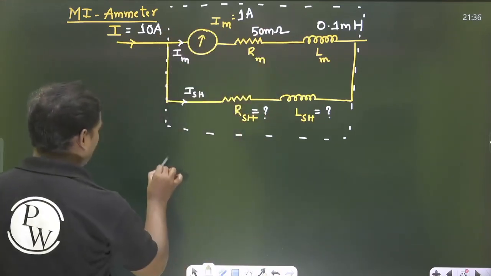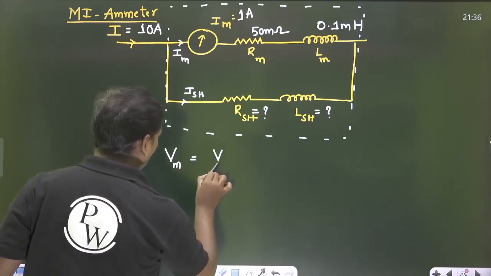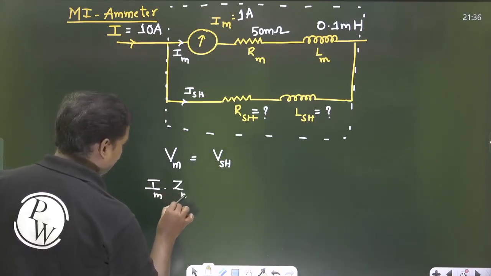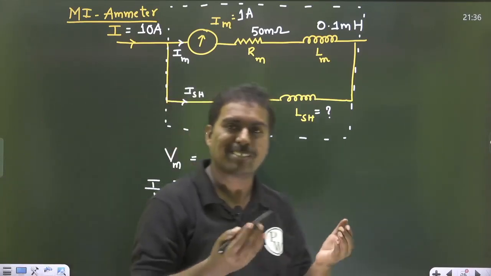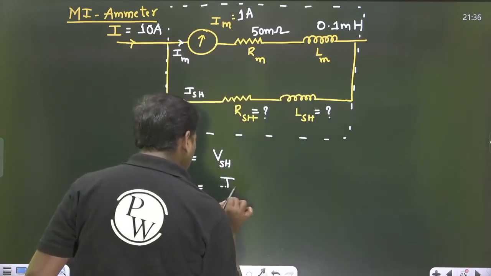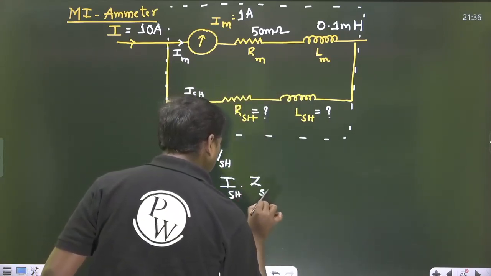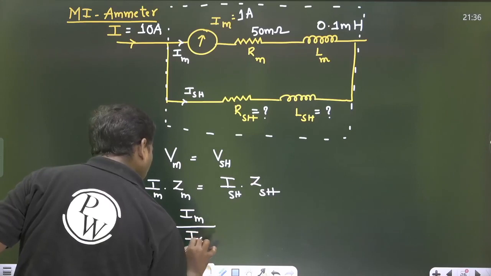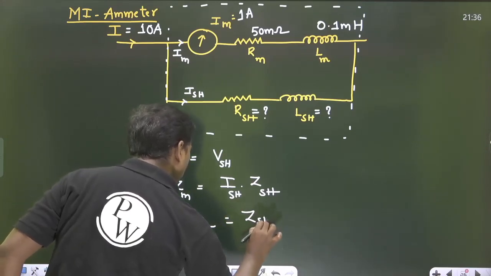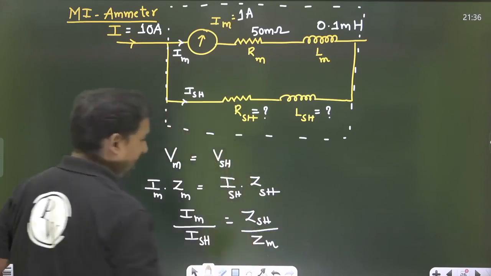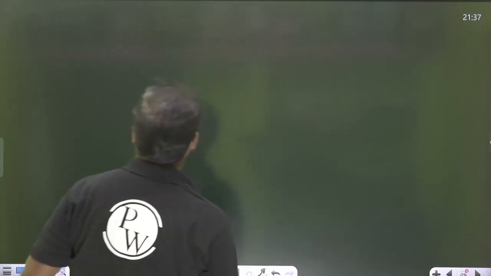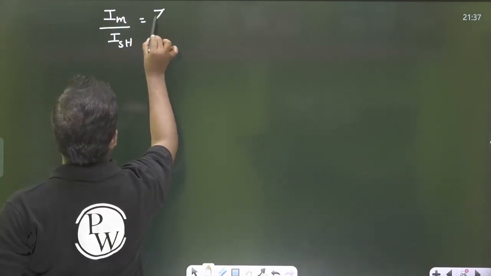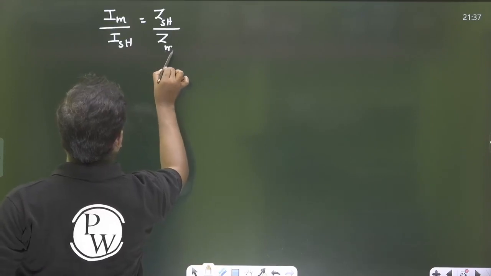So we can write the fundamental expression: voltage across the meter and voltage across the shunt are equal. So I can write IM into ZM, because the meter has resistance and inductance, and for the shunt ISH into ZSH. So IM by ISH is equal to ZSH by ZM.